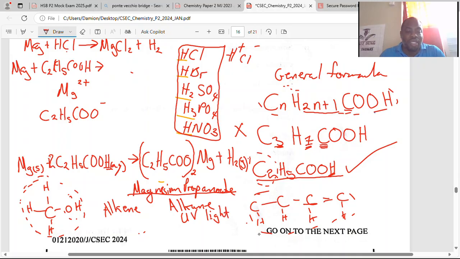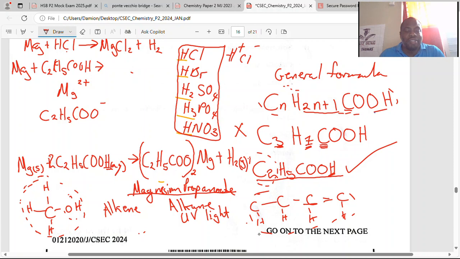So what you can say in the laboratory, if you react this without UV light, then no reaction will occur. Bromine water is reddish brown, and so the water will remain reddish brown. No reaction will occur.